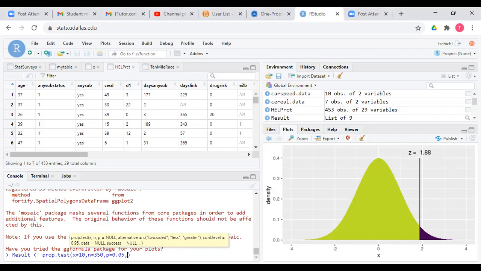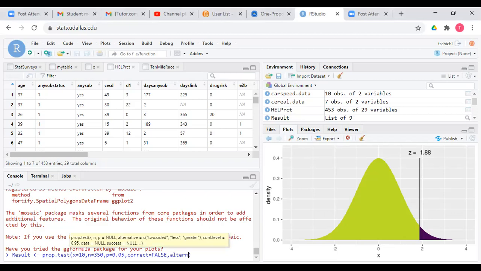And then you say correct = FALSE. This statement, correct = FALSE, you always put that. It is just telling the system I don't want to do continuity correction. You probably don't understand why, but just remember to put correct = FALSE.